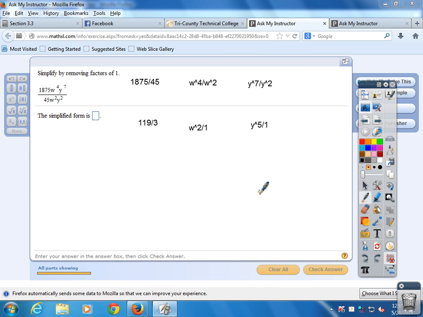And I'm going to write the answer, 119 over 3 times w squared over 1 times y to the 5th over 1. And now you can put it back together, 119 w squared y to the 5th over 3.